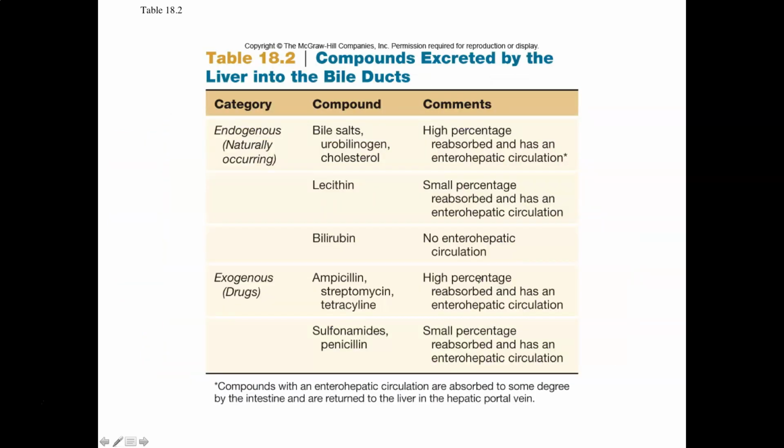Bile is made up of various bile salts. Those bile salts are important because these are the emulsifying agents. They have both a hydrophobic and hydrophilic end, so they can orientate themselves into fat droplets and help us create smaller fat droplets so it's easier for fats to be digested.